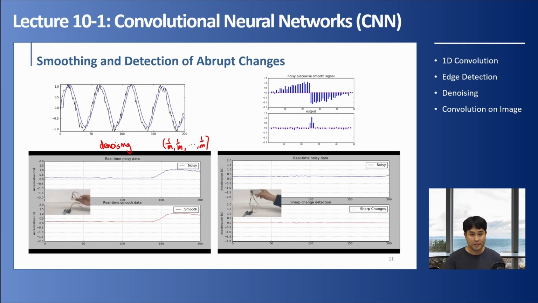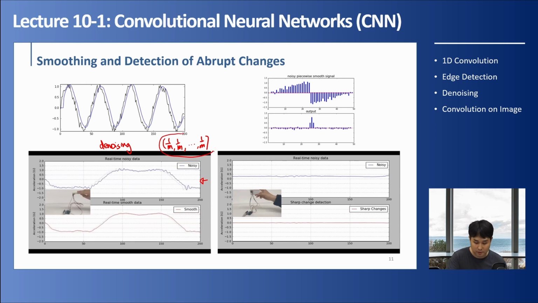Now, because we're using an actual sensor, you can see that the raw results obtained from the sensors are relatively noisy. However, if we apply the convolutional operation with this kernel, you can see that we have a much smoother output signal, showing that convolution can be used to denoise these signals. The second example is edge detection, where the goal was to identify abrupt or sharp changes in the original signal.